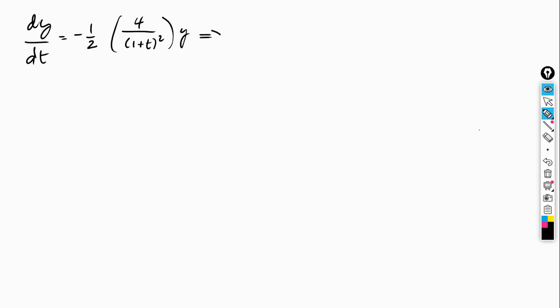So we have to do a separation of variables, and here we're going to get dy over y is equal to minus 1/2 times 4 over 1 plus t squared dt.